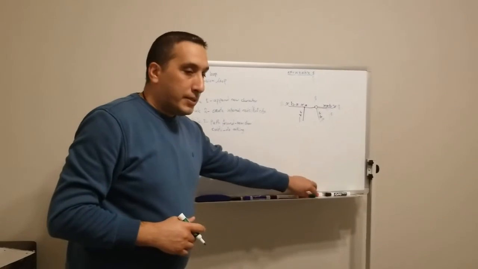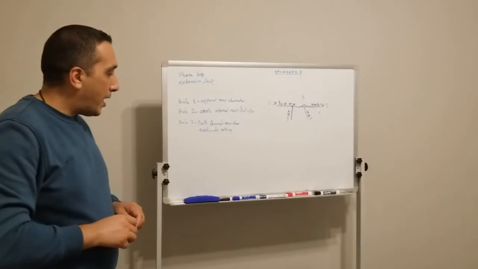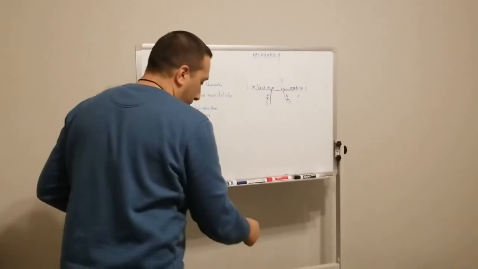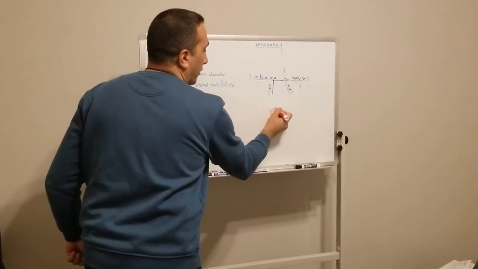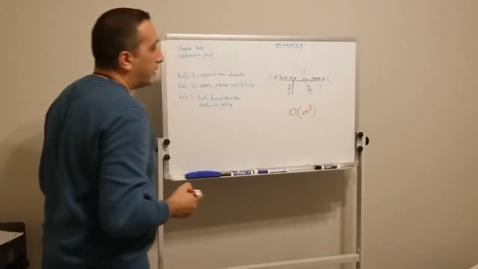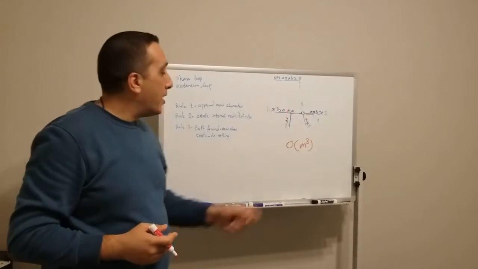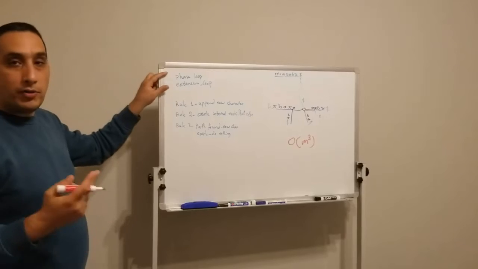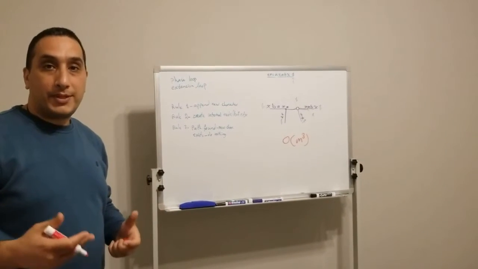Now the question is, what is the time complexity for this naive algorithm? It should be kind of obvious. It is big O of m cubed, and m is the number of characters in the string. The reason is that first we have two loops, the outer loop and the inner loop, which take big O of m squared.